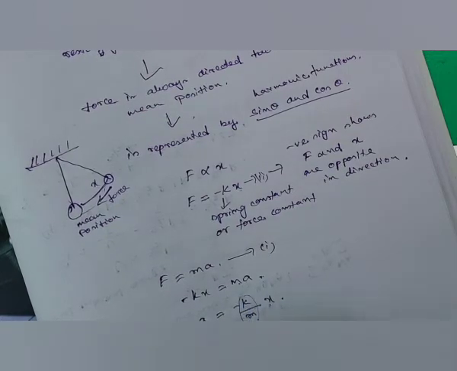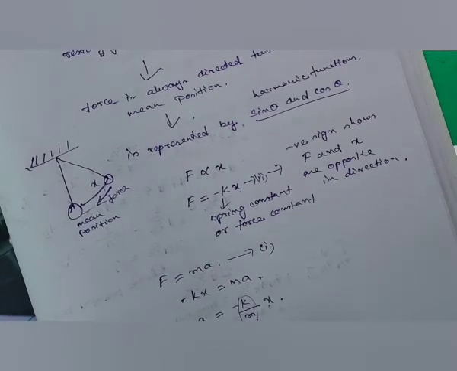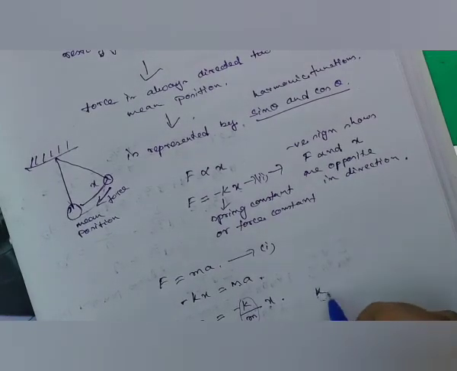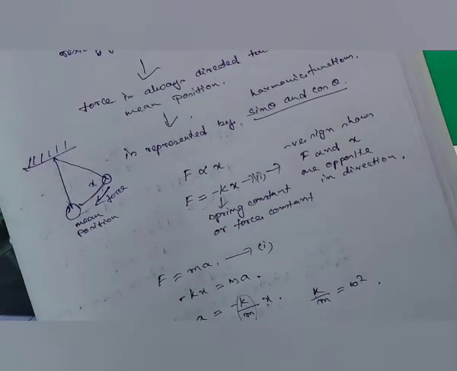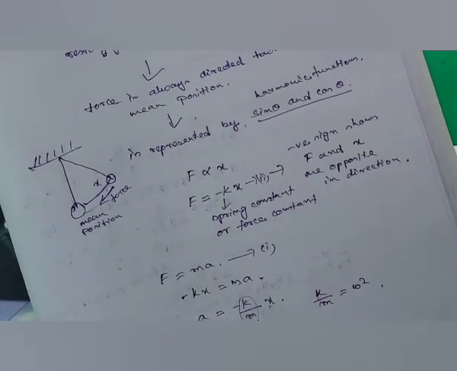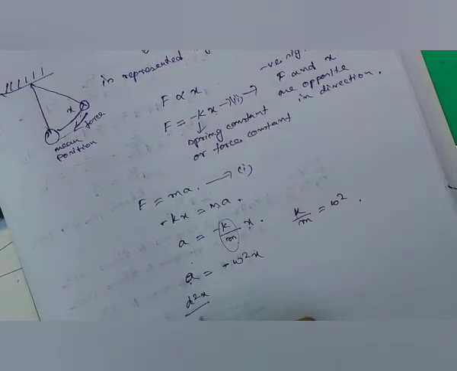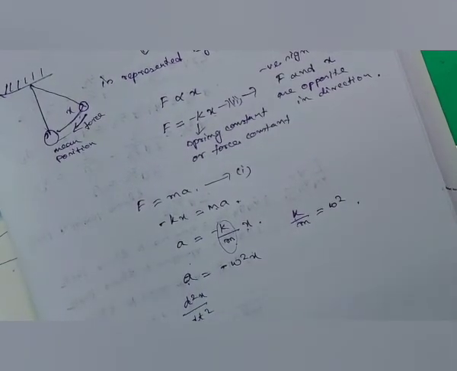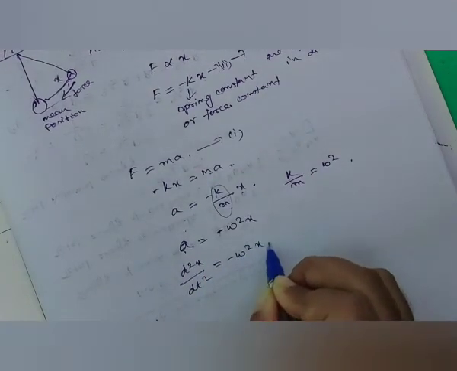This term k by m we denote by omega square. And this a we can write as d square x by dt square equal to minus omega square x.